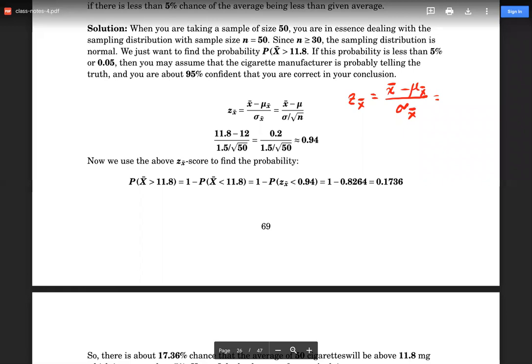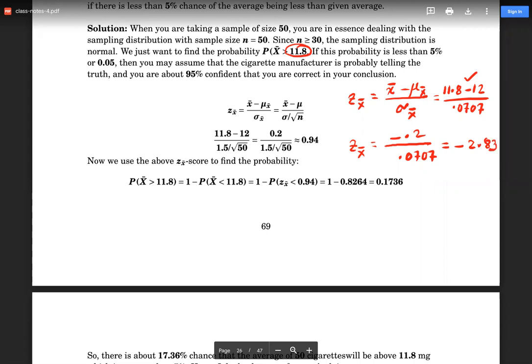In our case, it was 11.8. 11.8 minus 12 divided by sigma sub x bar, by the way, was 0.0707, which is going to give you z sub x bar equal to negative 0.2 divided by 0.0707, which is actually negative 2.8, I'd say 3.